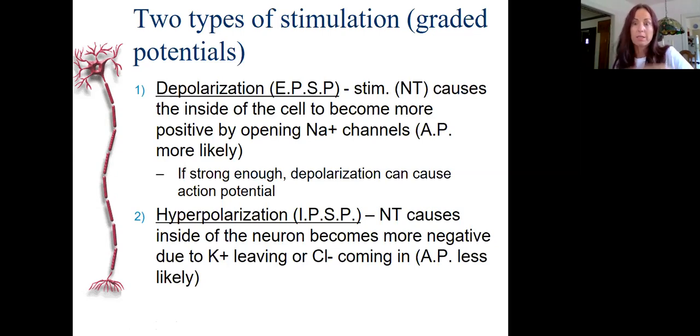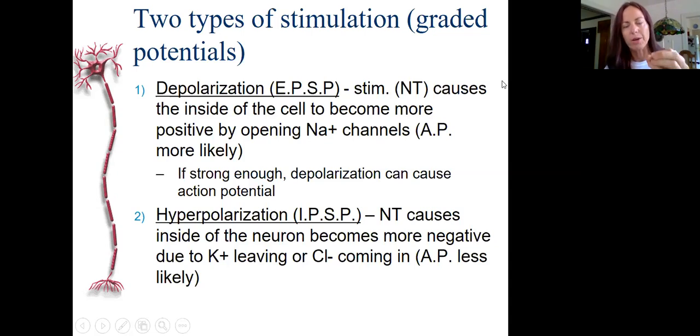All that means is it's excitatory, so it's going to take you closer to the action potential, but it's also postsynaptic, meaning it happens after the synapse, which is on the dendrite.